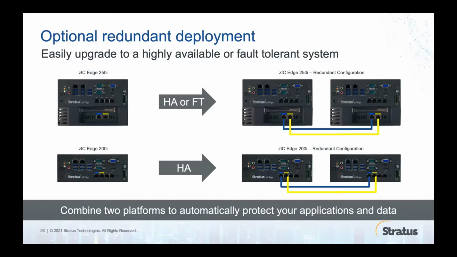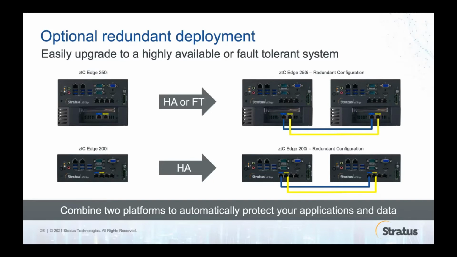As you can see here, there's a little blue and yellow cable. You plug it in, you power on the second node, and the first node will automatically pick up the second node. And then there is a small configuration wizard inside the web interface, which lets you add the second node as a redundant node.